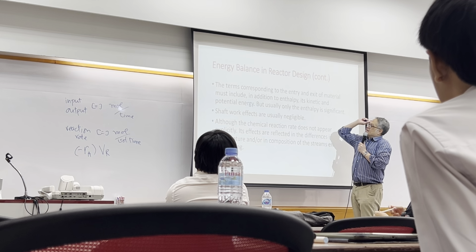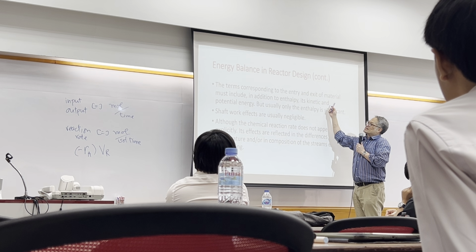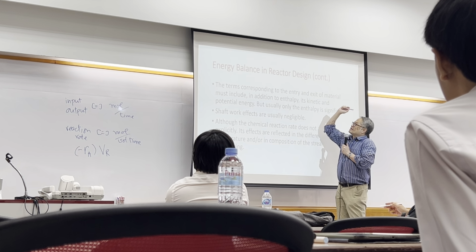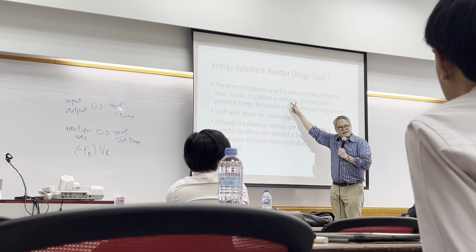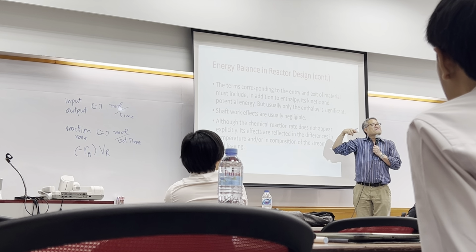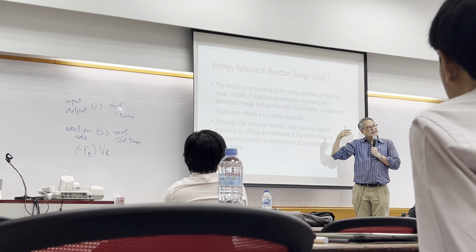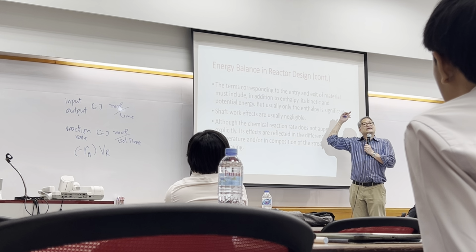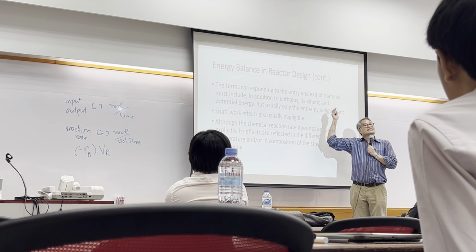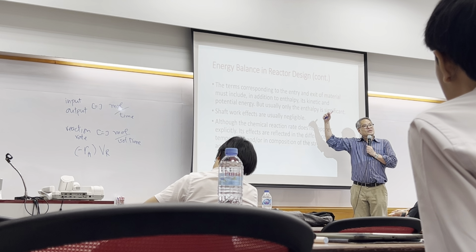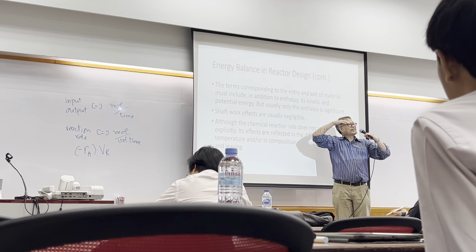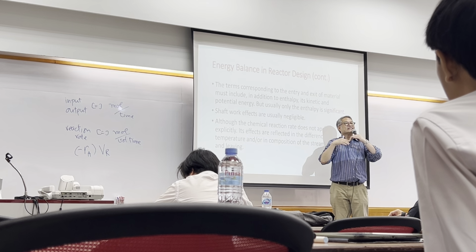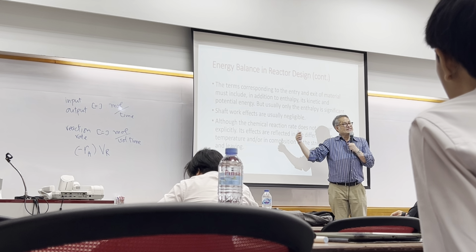okay? Then the term corresponding to the entry and exit of the materials usually contains enthalpy, right? But there are some other types of energy that it could carry in with it, right? For example, potential energy and kinetic energy, right? Potential from the change in the height, right? And then kinetic energy from the velocity, right?